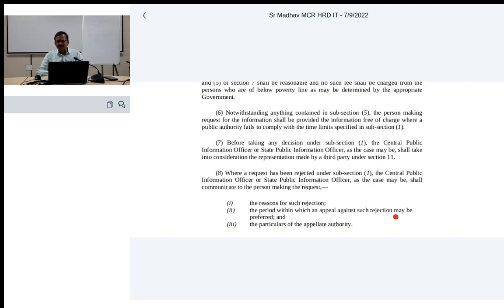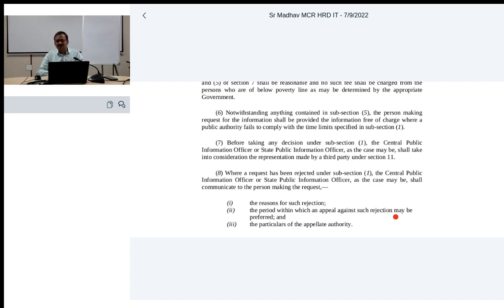It needs some more discussion. We will try to discuss when we deal with the exemptions, how to write a speaking order and what are the contents of the speaking order. So the disposal includes two decisions. One, either providing information. In such case, the PIO has to collect the further fee, and she can provide information.